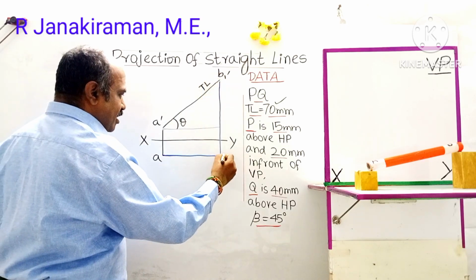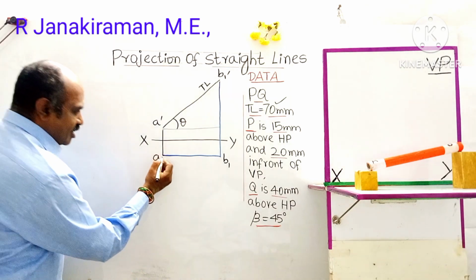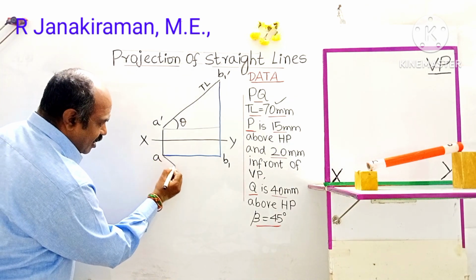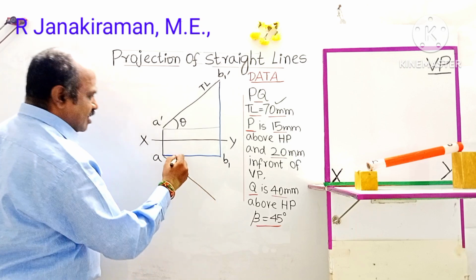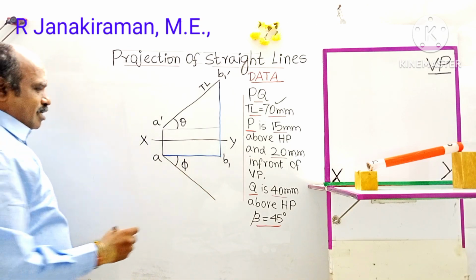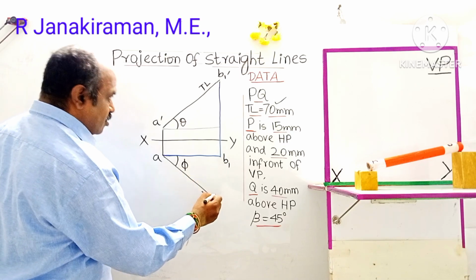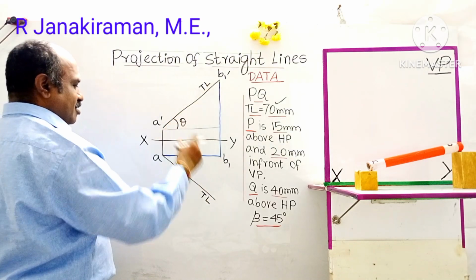Similarly, true inclination with VP will come below the XY line. This angle will be phi. This length is called the true length of the line, same as A dash B1 dash.